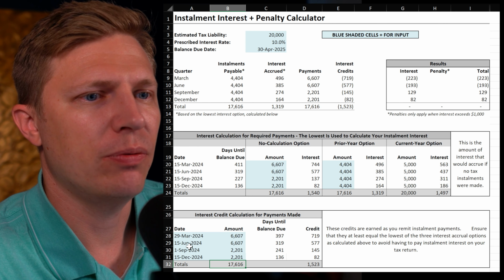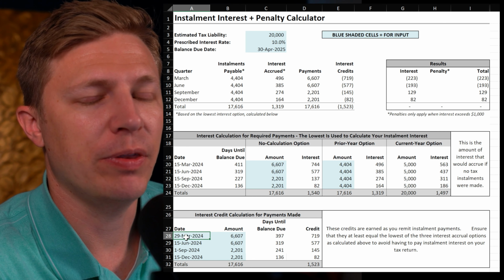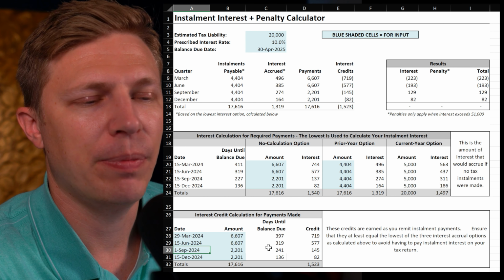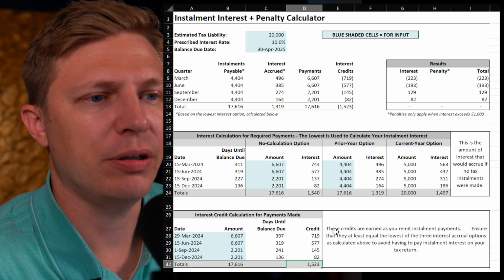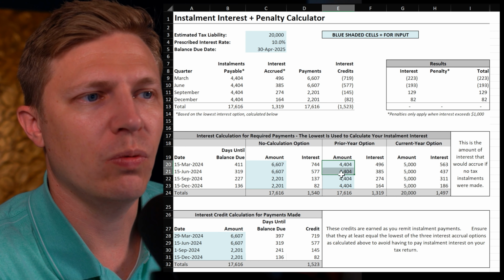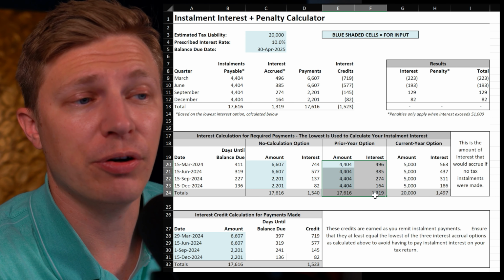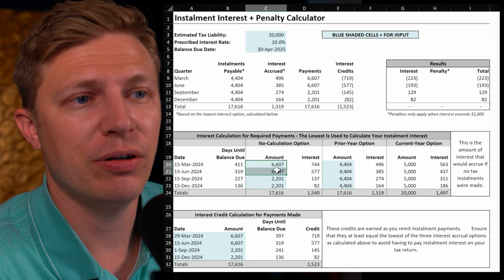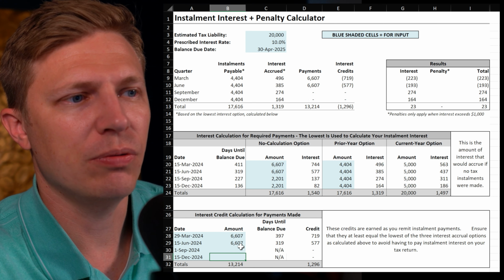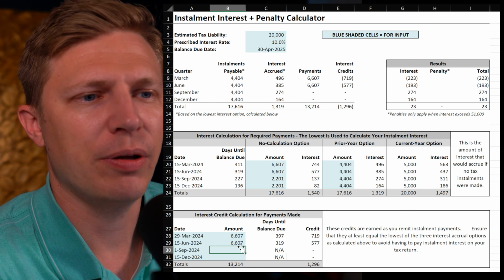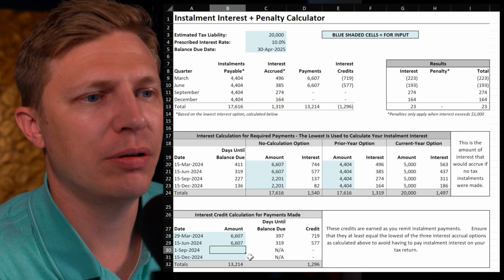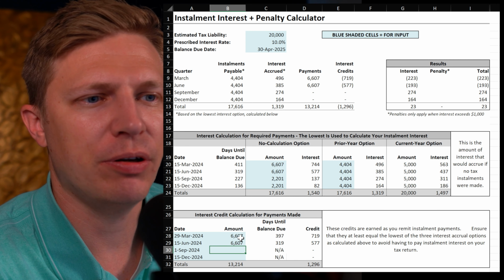So if we use the same example, a late payment in March and an early payment in September, but the dollar amounts are different, now we see that actually we don't even need to remit this early, because again, we only need to true up to the prior year option of 1319. We'd started the year remitting on the no calculation option, and even though we were late here, we're not that bad because the payments earlier in the year are higher.